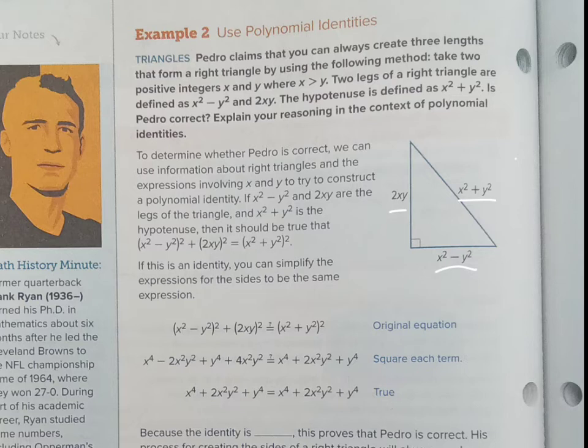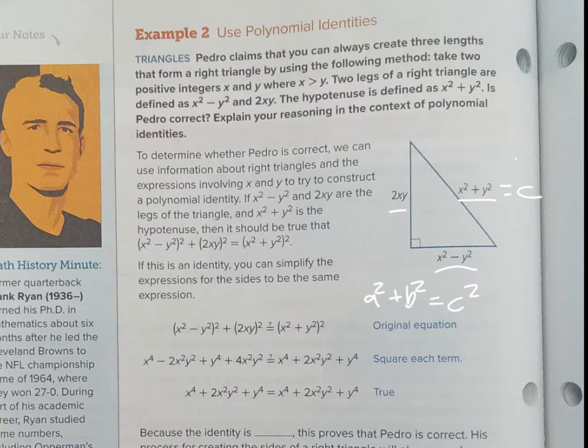Well, it involves the side lengths of a right triangle. Isn't it, a squared plus b squared equals c squared? The c value has to be the hypotenuse. The legs are interchangeable. So anytime you have a right triangle and you're talking about side lengths, the first thing you should think about is this formula right here.